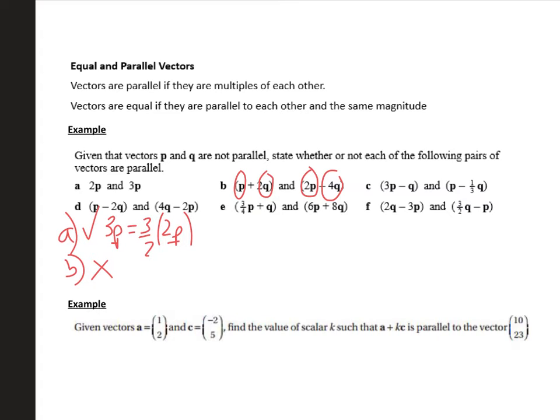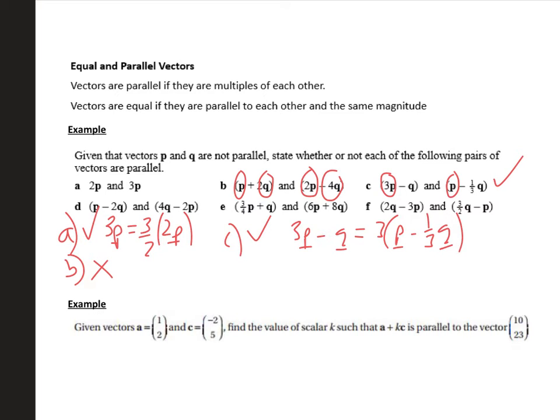C, well, to get from 3p to p, I need to times by a third. And if I times minus q by a third, I get minus a third q, so that one does work. So C is parallel, because I can write 3p minus q as 3 lots of p minus a third q.